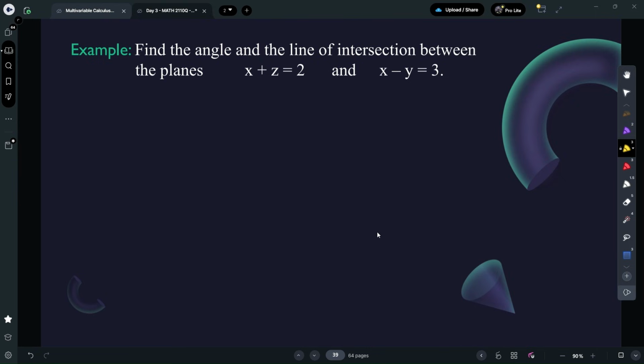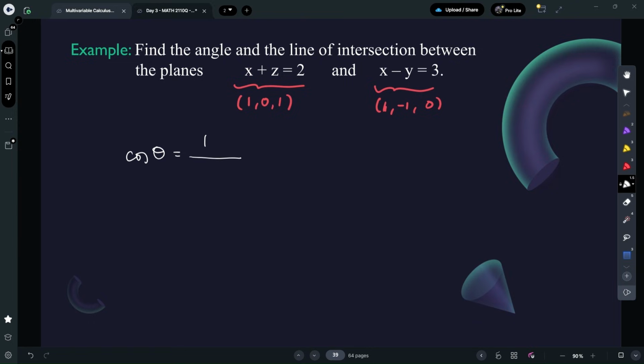Now let's do another example of an angle and the line of intersection between two planes. So let's see first what is the angle. Here, the normal vector is given by 1, 0, 1. The normal vector here is 1, minus 1, 0. So the angle between the planes will be given by the cosine of the angle between those two vectors. The dot product is 1 times 1 is 1, 0 times minus 1 is 0, 1 times 0 is 0, so the dot product is just 1.